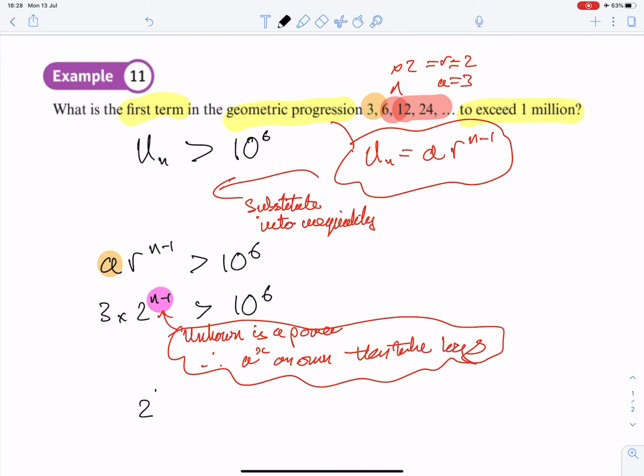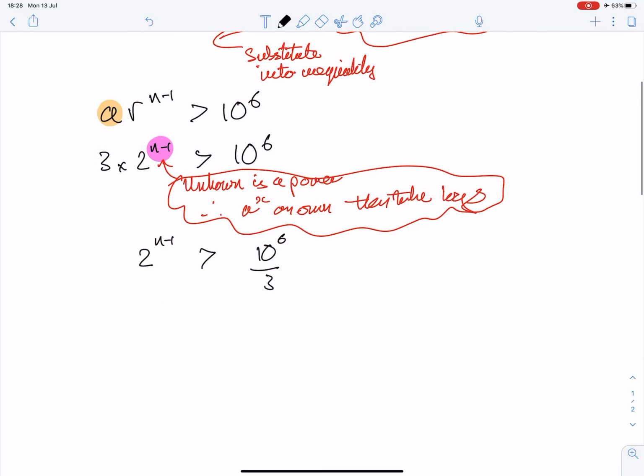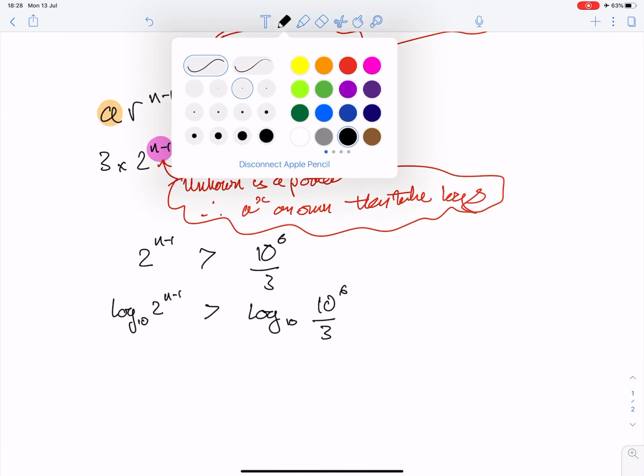So we get 2^(n-1) is greater than 10^6 over 3. Take logs. So log to the base 10 of 2^(n-1) is greater than log to the base 10 of 10^6 over 3. Use your log laws to bring the unknown down.